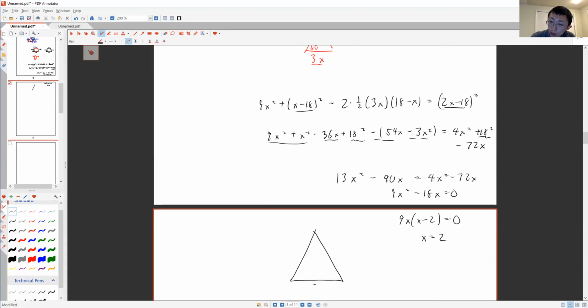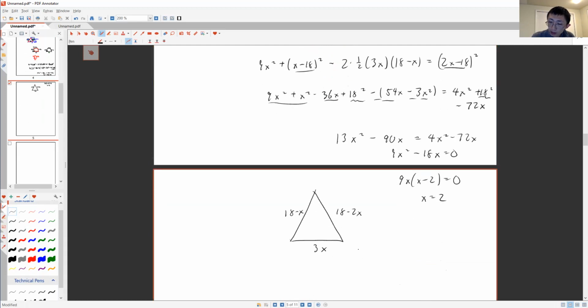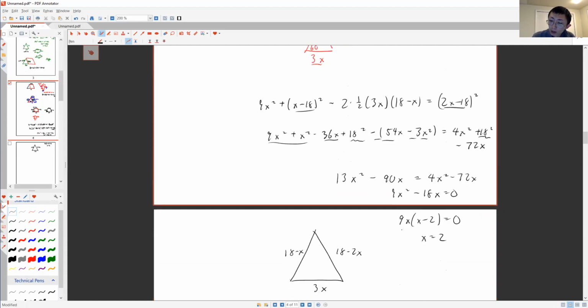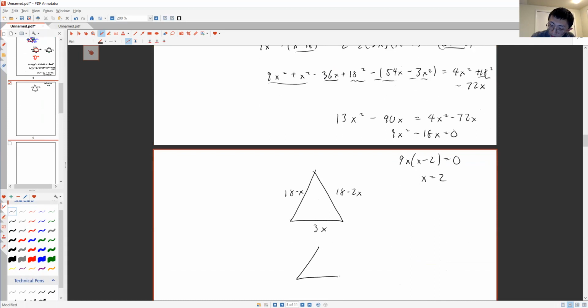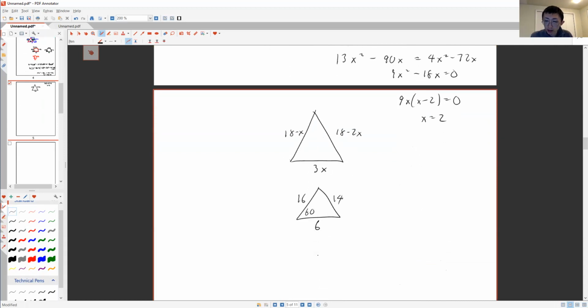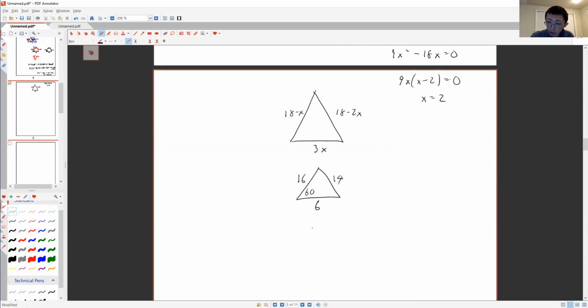So 3x. So if x is 2, this just becomes 6. What is that? 16 and 14. And this is 60 degrees. So you can kind of just check that this will work if you really want to.